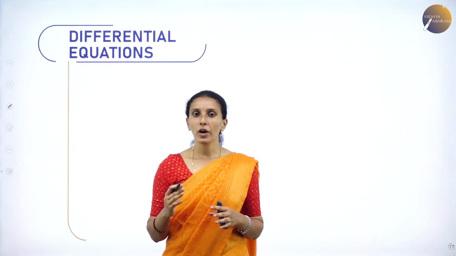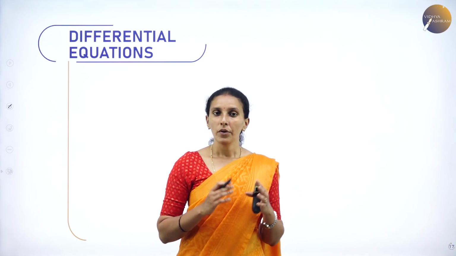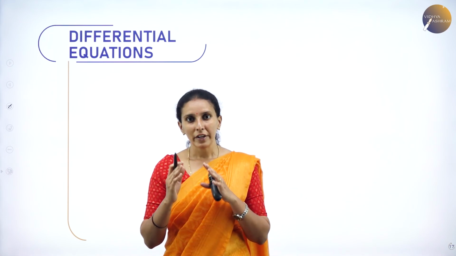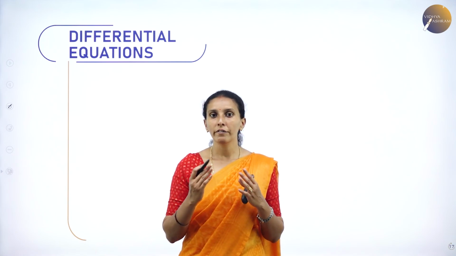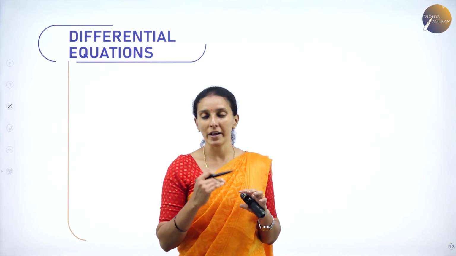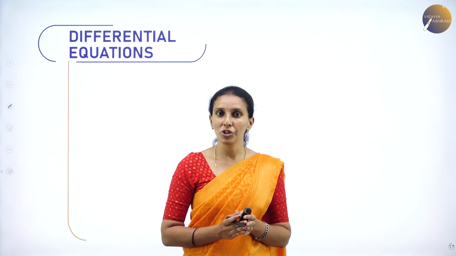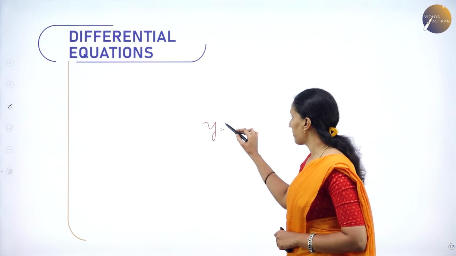So this is how we are going to find the solution of a homogeneous differential equation. First we will verify whether it is homogeneous by converting it into the form of y by x. That is, all the expressed variables must be in the form of y by x. Once it is a homogeneous differential equation, then we'll make a substitution of y is equal to vx.